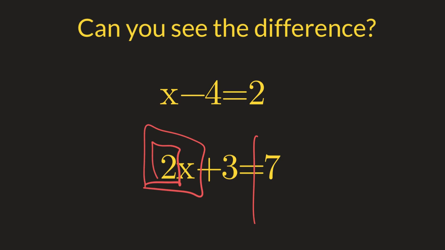Is everybody okay with that? You kind of see a little bit of the difference here? There's a 2 in front of that. Correct. The first equation, there's an understood 1 in front of that x, and that is great. The second equation, there's a 2 sitting in front of that x. That's the second step. You're going to have to get rid of whatever's in front of that x.